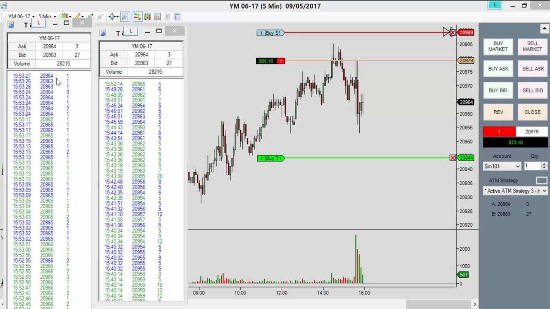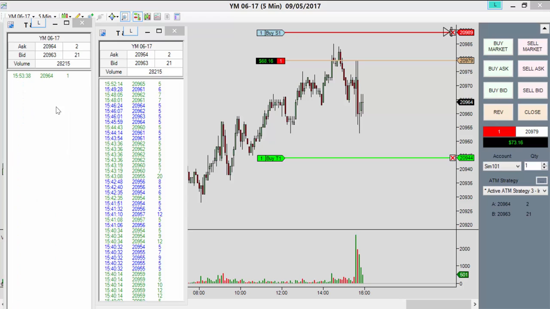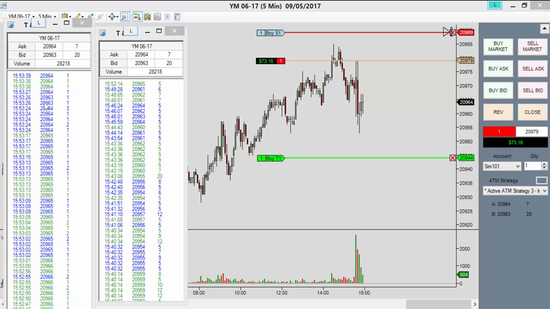So if we look over here, we see lots of blue, which means lots of people hitting the bid with sell market orders, meaning they're eager to sell, and we watch how price moves up and down. If it moves up like molasses on a clump of green orders, but down very quickly on relatively fewer blue orders, meaning hitting the bid, then we know that momentum's fading.